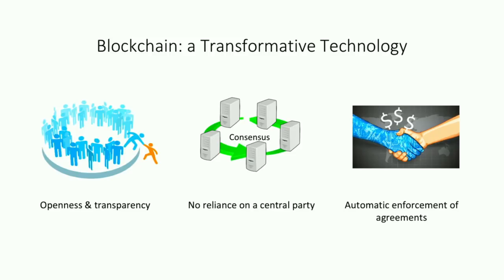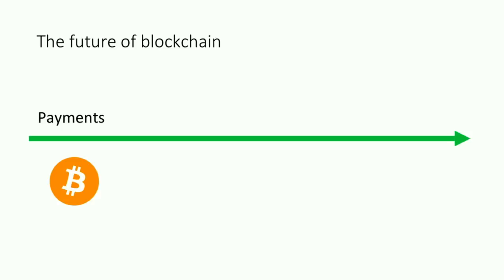On the other hand, we are seeing that blockchain is a transformative technology aiming to solve a number of problems. Blockchain aims to provide openness and transparency, allows us to not rely on any central party, and provides automatic enforcement of agreements. So far, what has blockchain brought us?